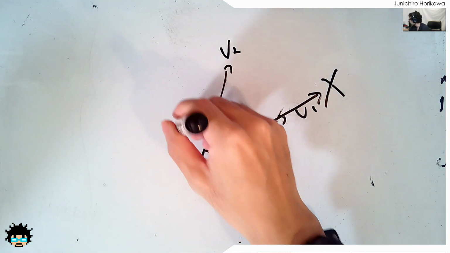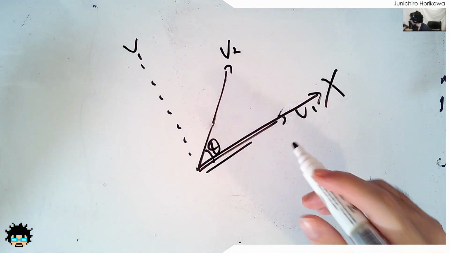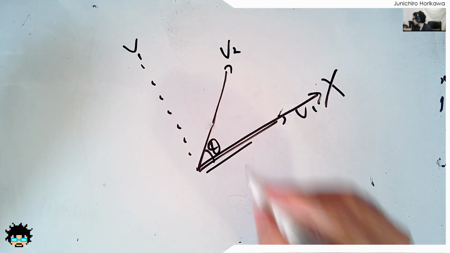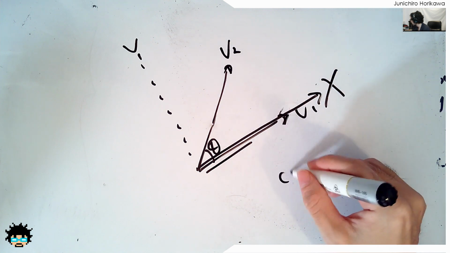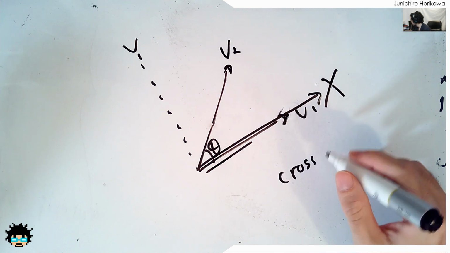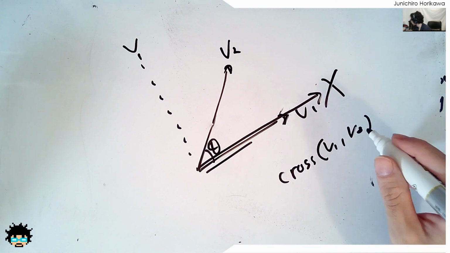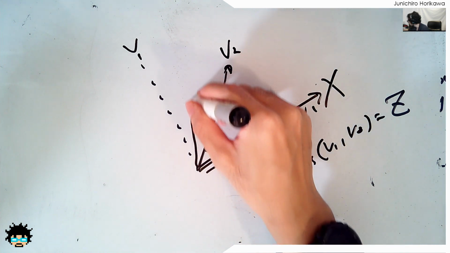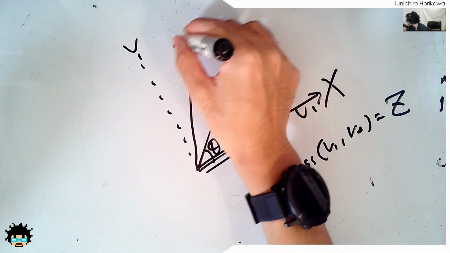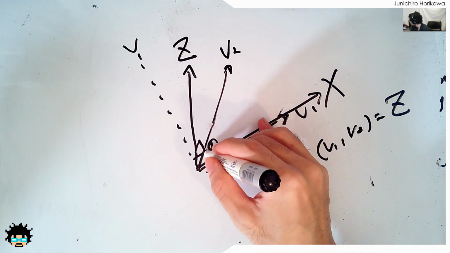Now we don't know the y-axis yet, but we can estimate the z-axis using those two vectors by calculating the cross product between V1 and V2, and as a result, you'll get the virtual z, which is perpendicular to V1 and V2.